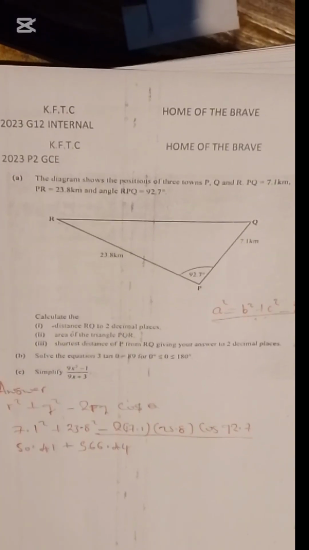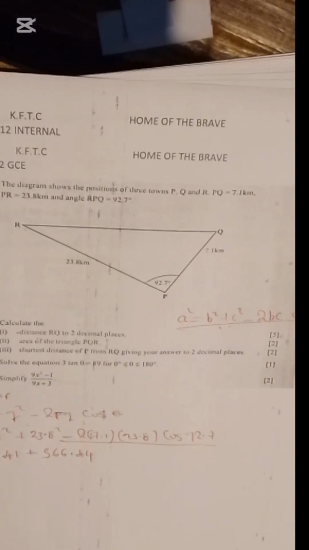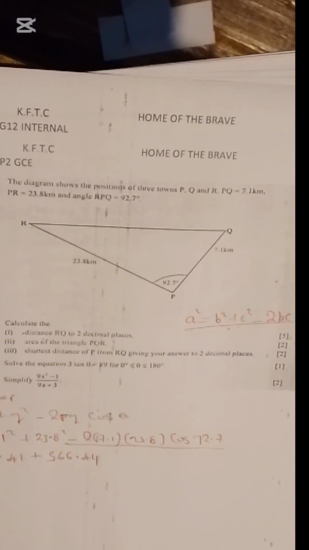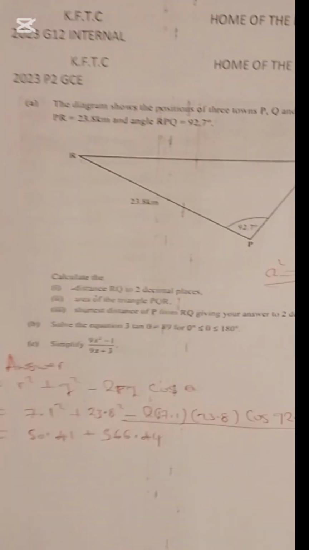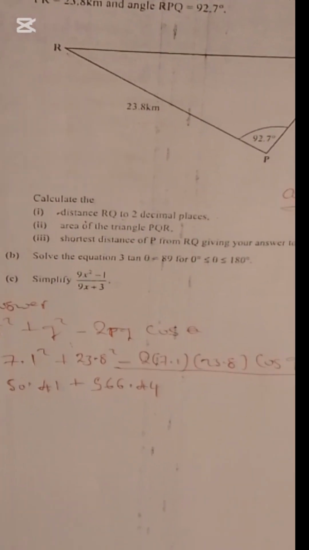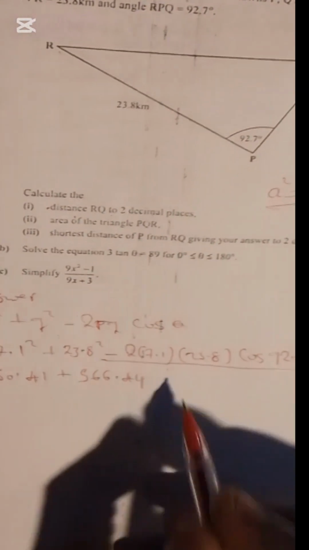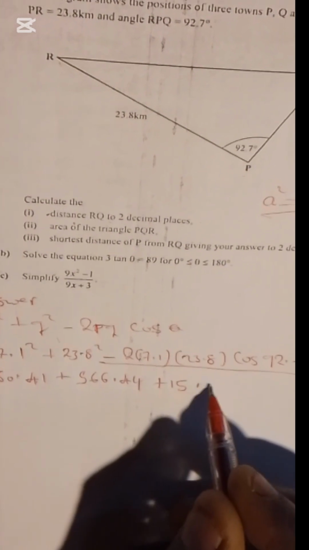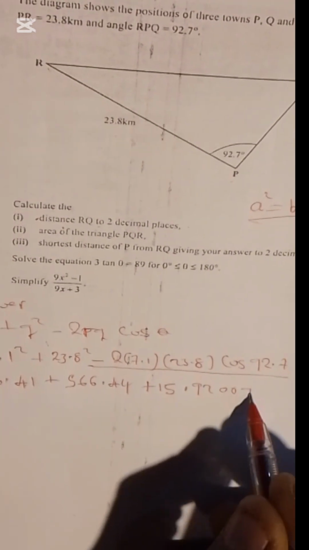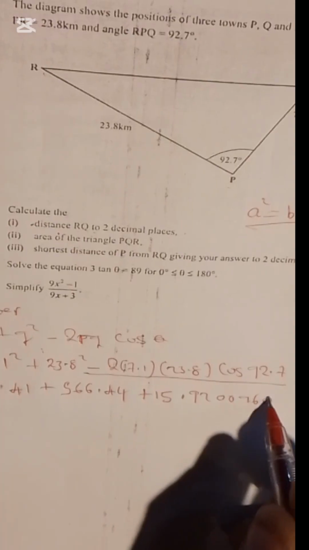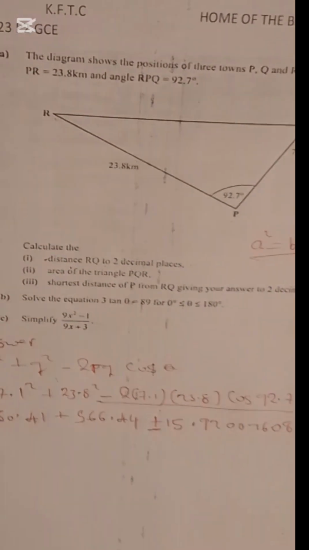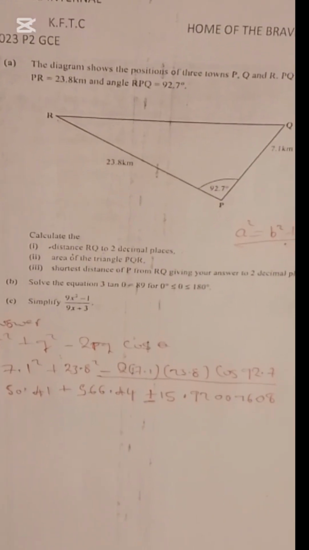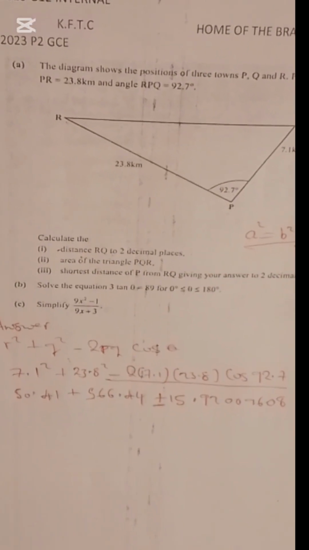So you punch -2, open bracket, 7.1, close, open, 23.8, close, cos 92.7 equals to, so it has given us plus 15.9200969608. Since this number comes with a positive here, we'll add up everything. So it will be plus 50.41 plus 566.44.